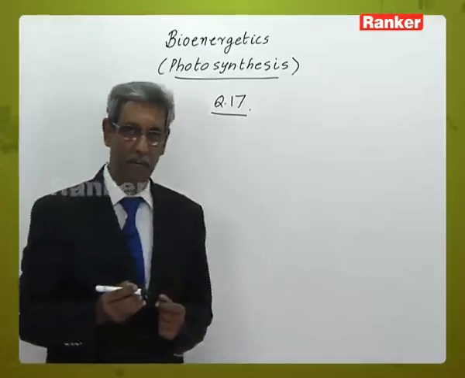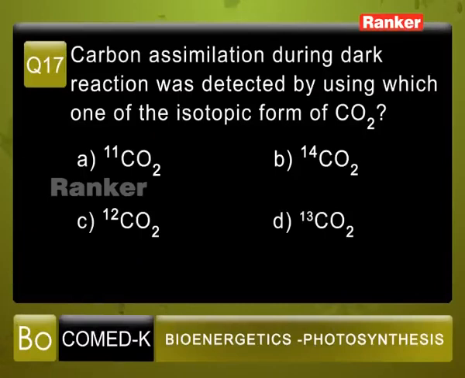Question number 17. Carbon assimilation during dark reactions was detected by using which of the isotopic forms of carbon dioxide? A is 11 CO2, B is 14 CO2, C is 12 CO2 and D is 13 CO2.